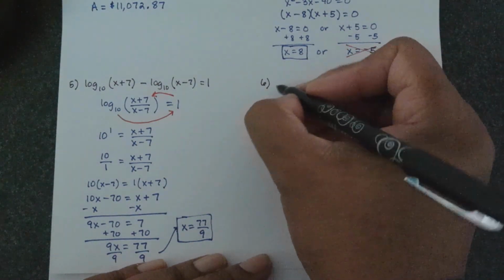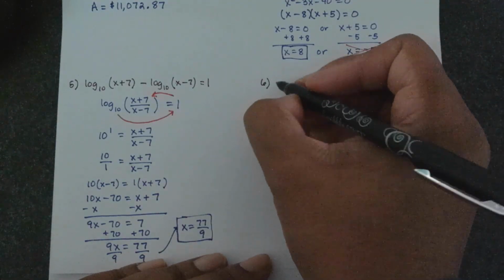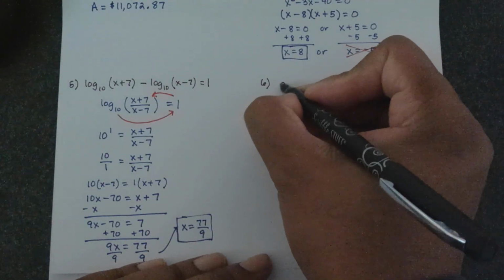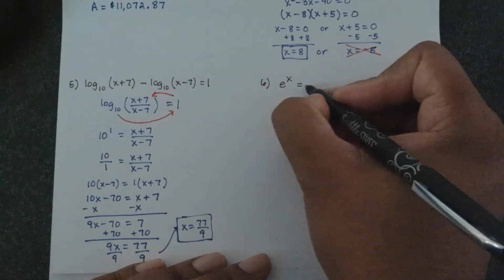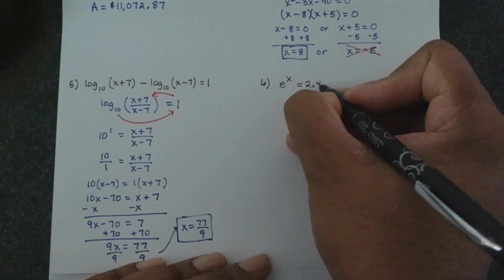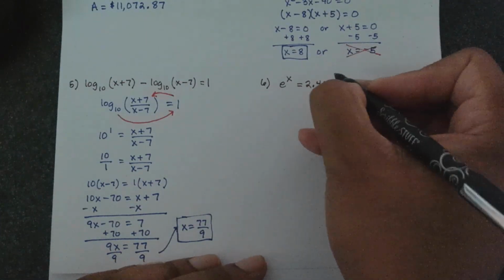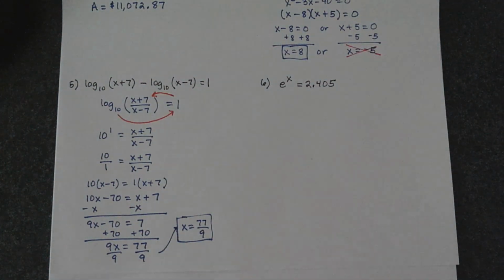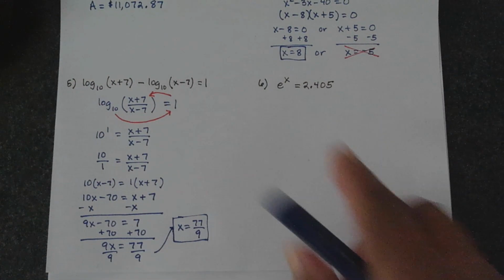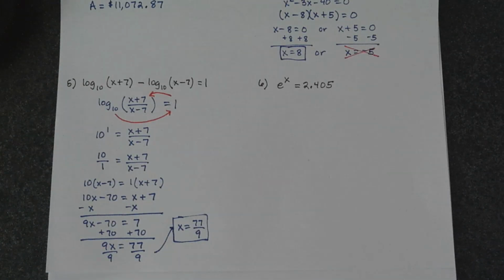All right, number 6 is solve the equation to 4 decimal places. Here we've got e to the power of x is equal to 2.405. And to solve that exponential equation with the natural base e, there is a property that says that ln and e are inverses of each other.